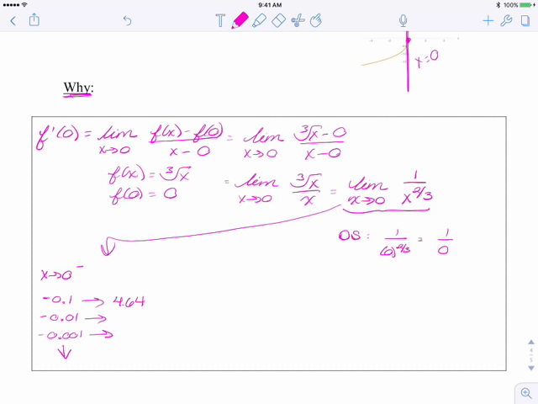Then we would have 1 divided by negative 0.01 raised to the 2/3, which gives me 21.54 to 2 decimal places.